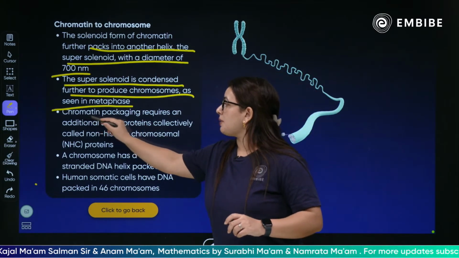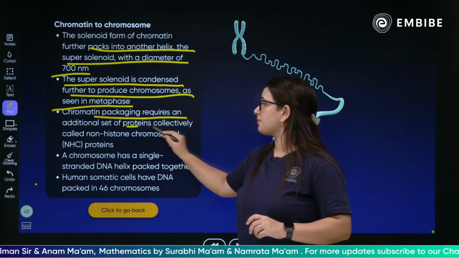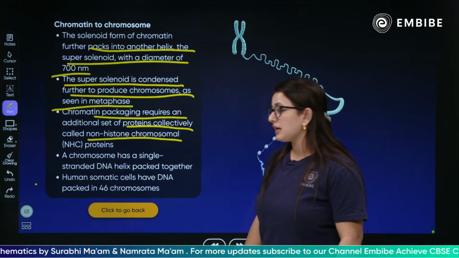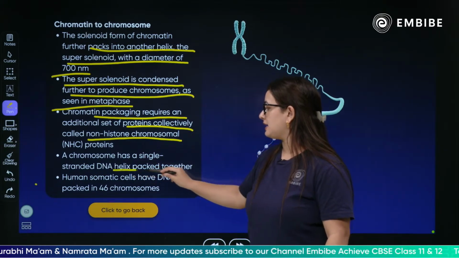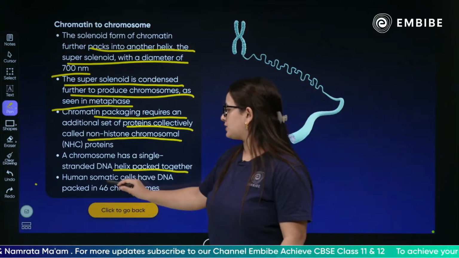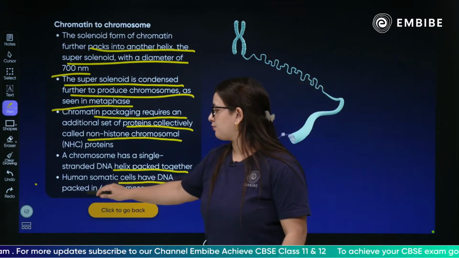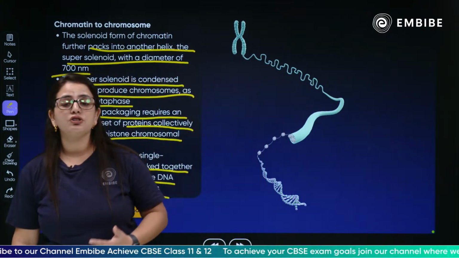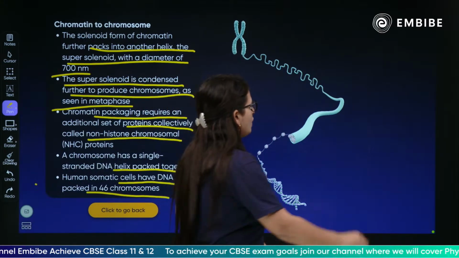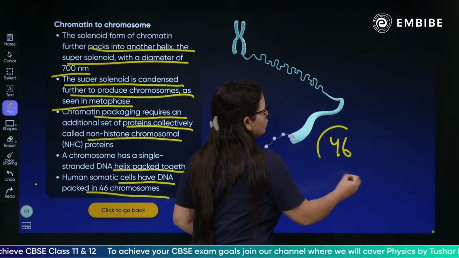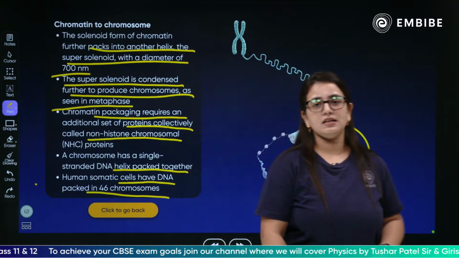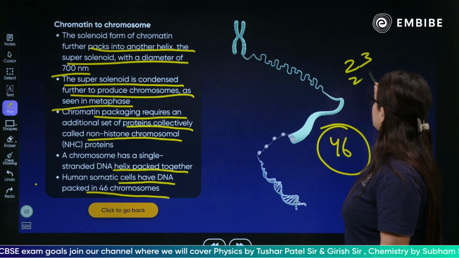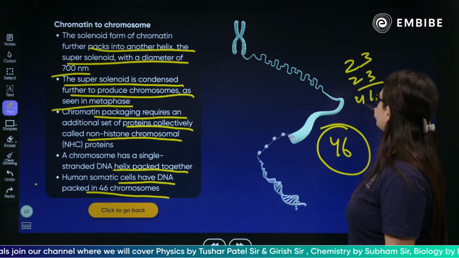Chromatin packaging requires an additional set of proteins collectively called non-histone chromosomal proteins. A single chromosome has a double-stranded DNA helix packed together. A human somatic cell will have DNA packed in 46 chromosomes. The whole packaging of your genetic material is in your 46 chromosomes. 46 chromosomes means 23 pairs of chromosomes.